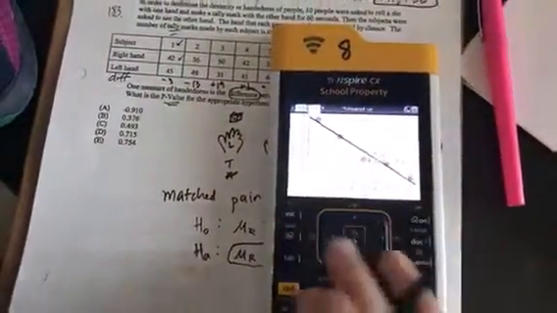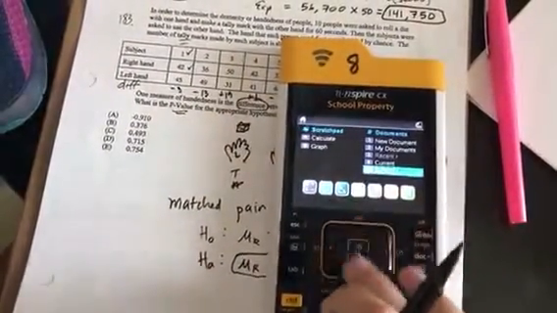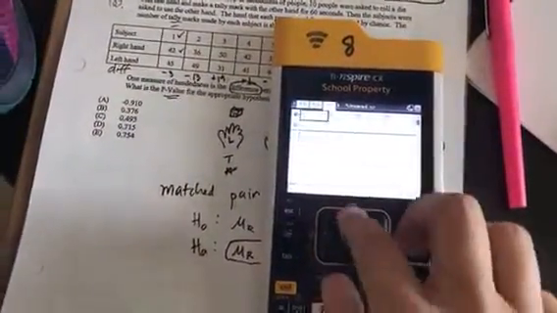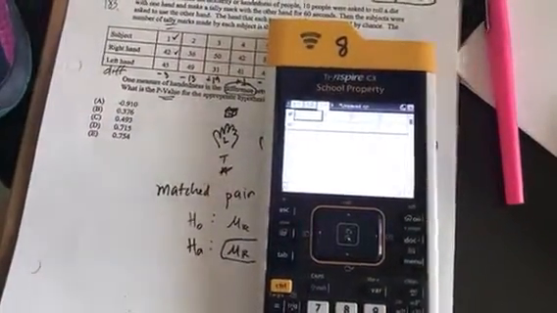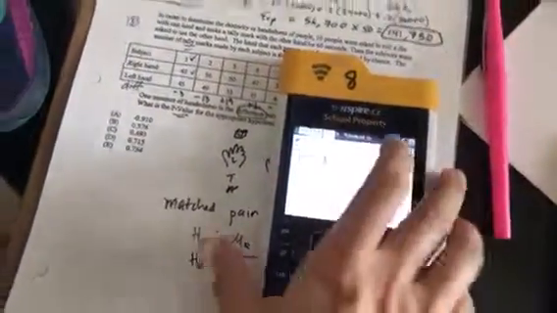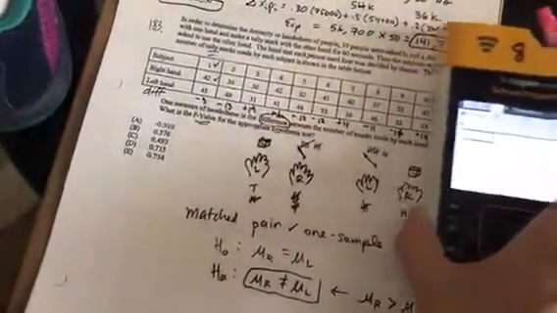and do my stat test. I'm gonna turn this thing on, go to my home screen, and I need to put this data in the calculator. So I'm just gonna call this hand, H-A-N-D, and I already did the math. You could put the data in here and have the calculator do the math for you. I'm just gonna put the difference data that I calculated here in.